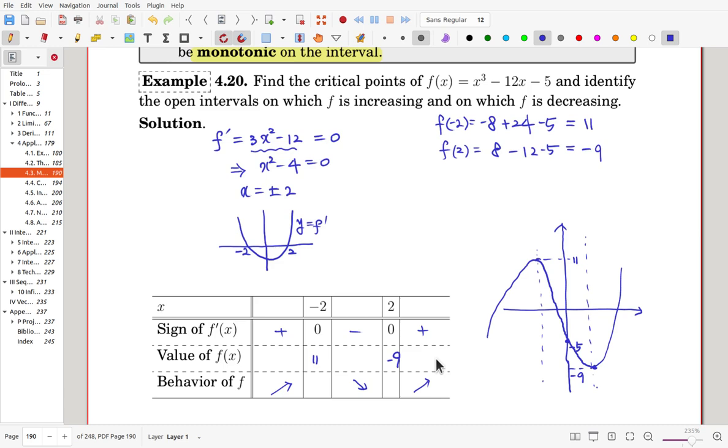And if you can sketch the function graph very nicely, then you can do much better in your applications. So that's the purpose of this section and the next section.